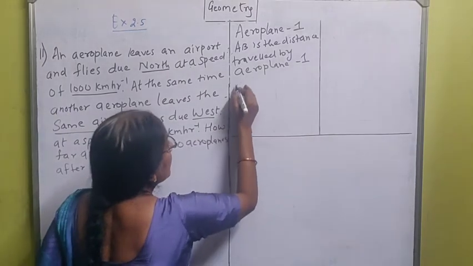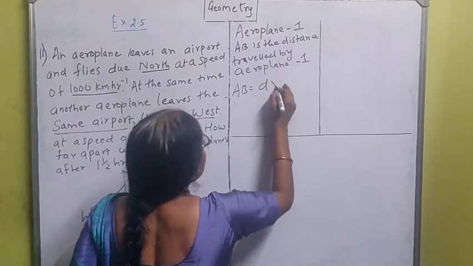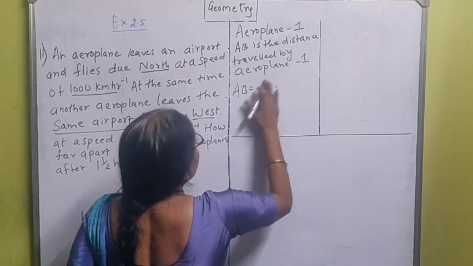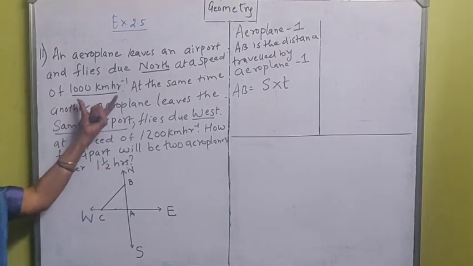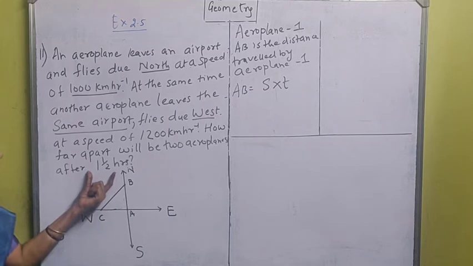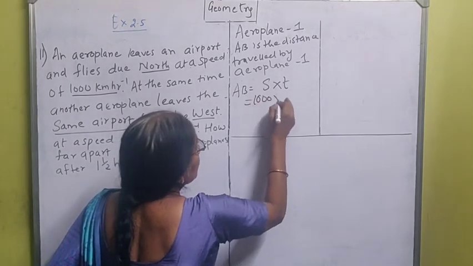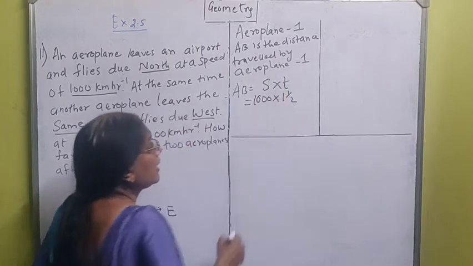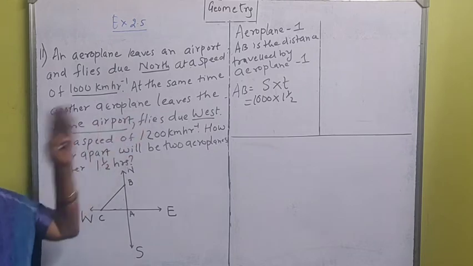So AB is equal to speed into time. What is the speed given over here? 1000 km per hour. And what is the time given? 1.5 hours. So I will take 1000 into 1.5. 1.5 is a mixed fraction, so we cannot take the mixed fraction. We have to convert it into a fraction.